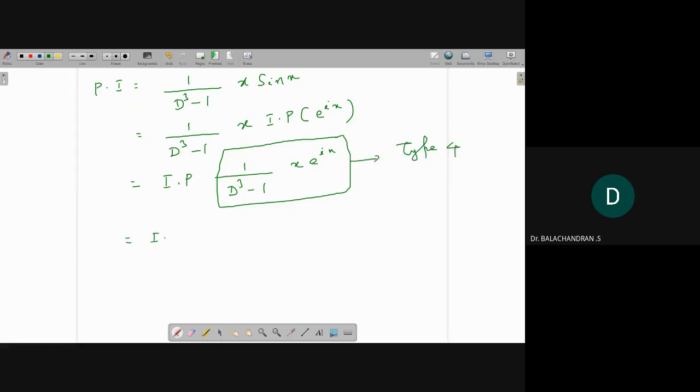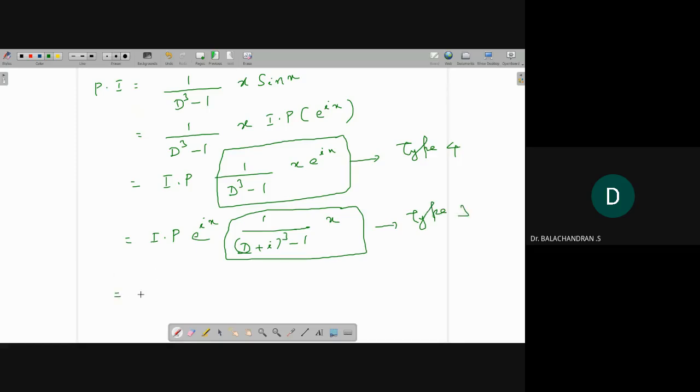So imaginary part of e power ix 1 by replace d by d plus I whole cube minus 1 into x. So this is type 3.